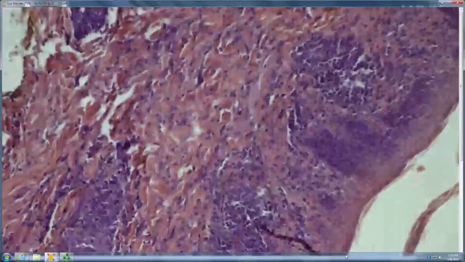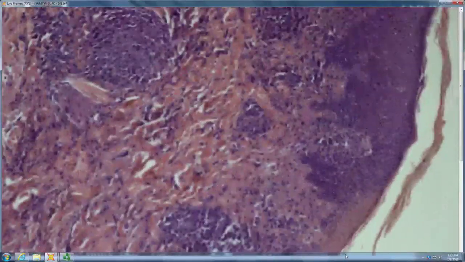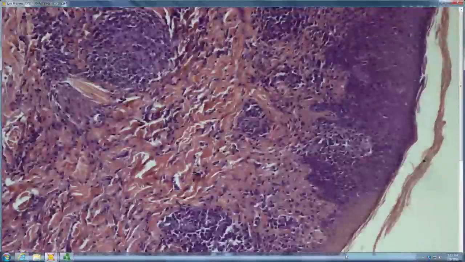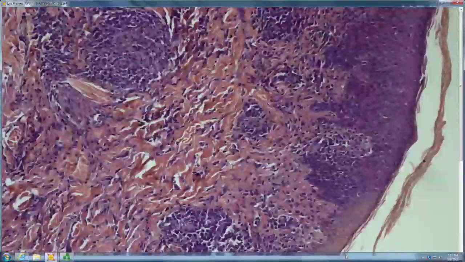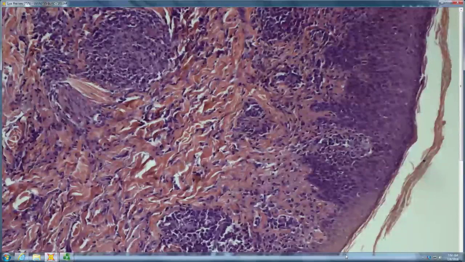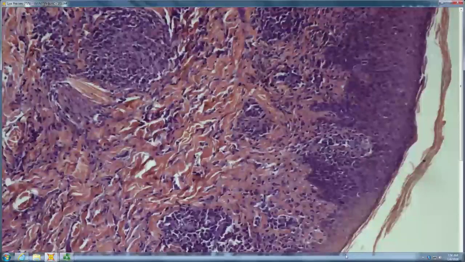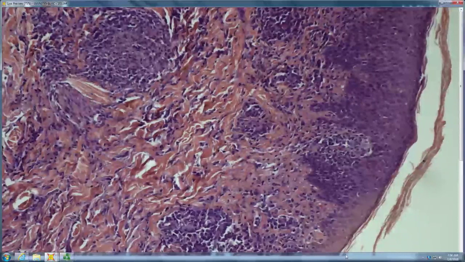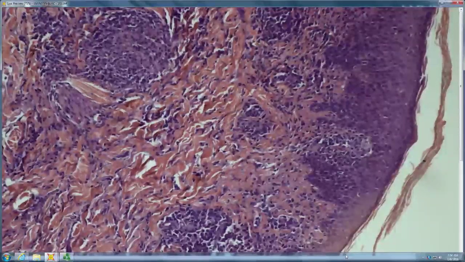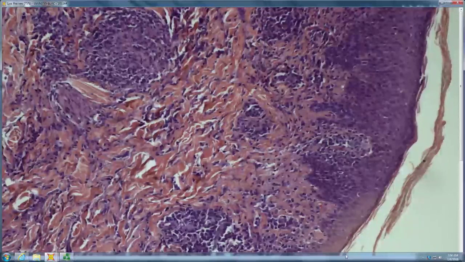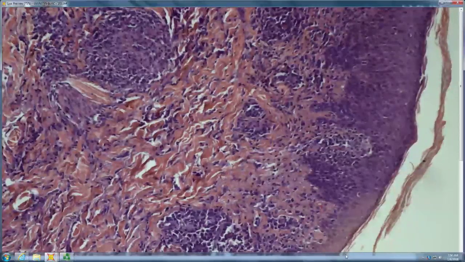Looks like you have a little bit of interface dermatitis and then some granulomatous inflammation deep down. Interface and granulomatous, that's a weird combination. Yeah. I mean, syphilis would probably be at the top of my list right now. And what else? I mean, in the chapter, you got leprosy. Yeah, but how about outside the chapter?